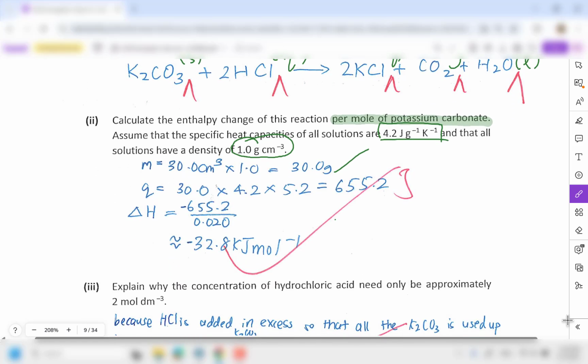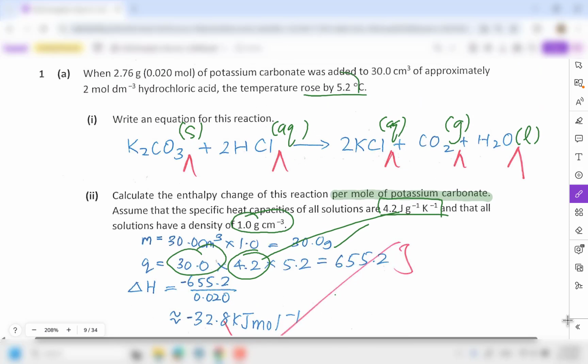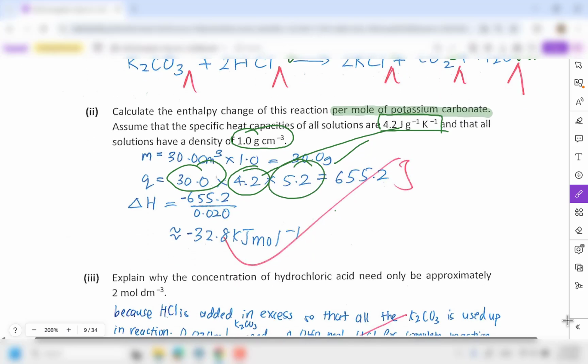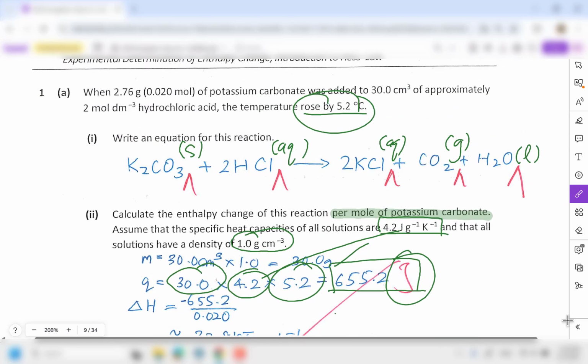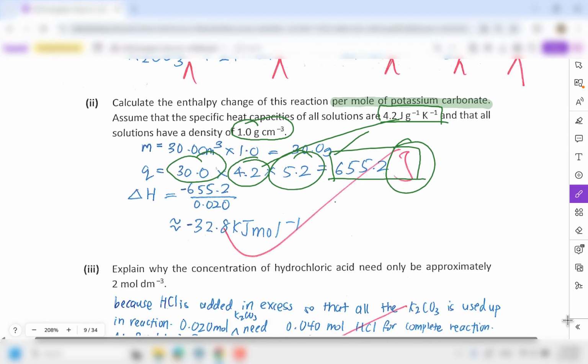Q is mcΔT, so this is the m, c is the specific heat, and 5.2 is the temperature rise. You calculate it to be 655.2 joules. Remember to include the units, very important. Heat is given out. How do we know? Because it involves a temperature rise. So ΔH will be negative, and it is an exothermic reaction.